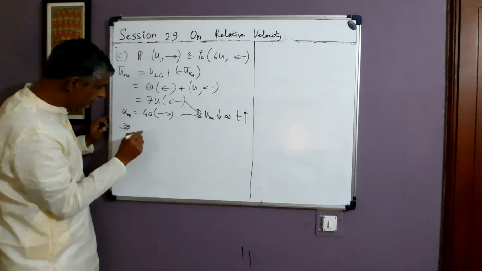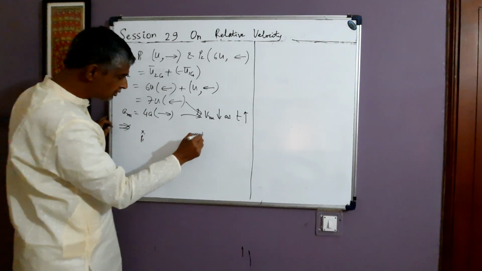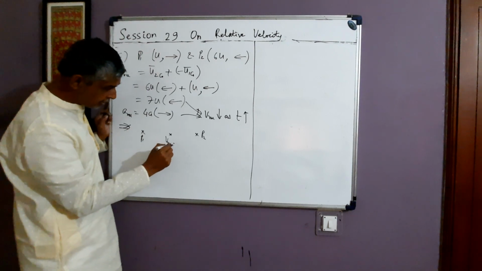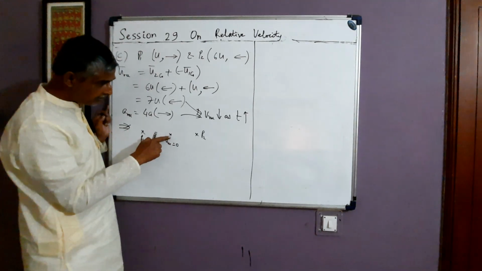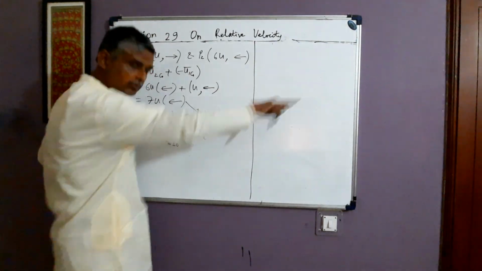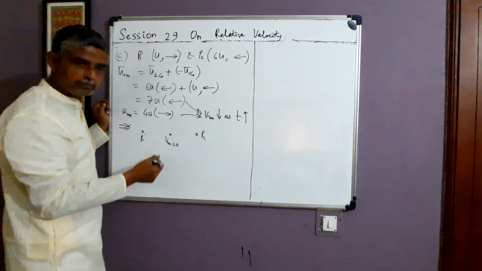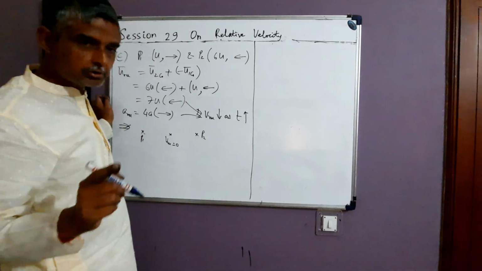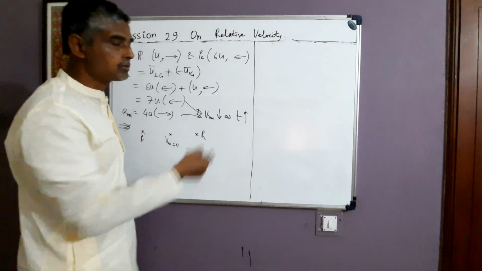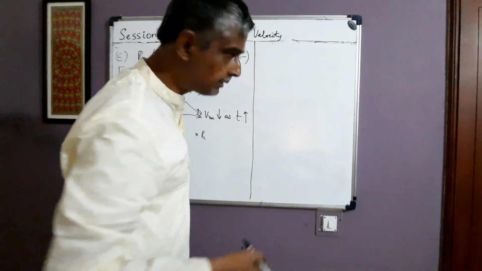Something like this: P1 is here, P2 is initially here. Somewhere P2 comes till here and its V relative becomes 0. Then still the relative acceleration of P2 with respect to P1 is rightward 4a, so it will begin to move rightward. So there is no scope for collision. So again, for collision to take place, V relative should be more than 0 when P2 reaches P1, as we have done in part A and part B.